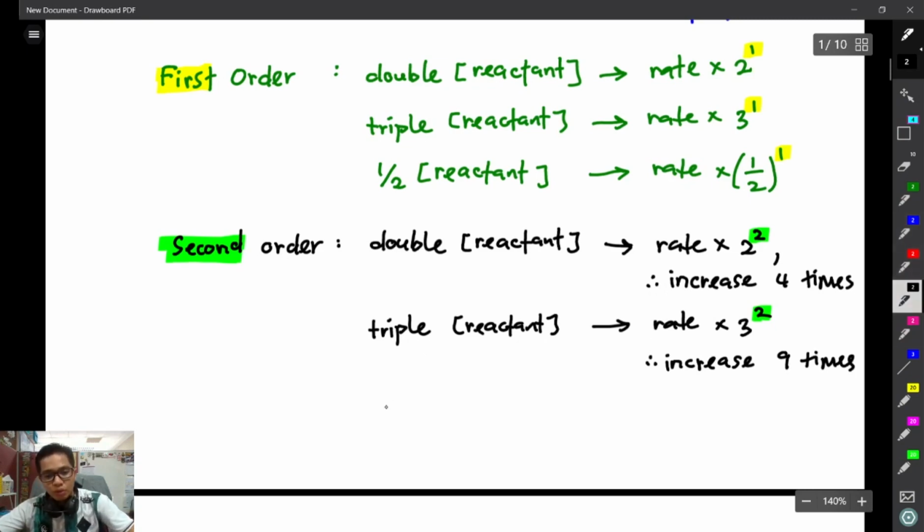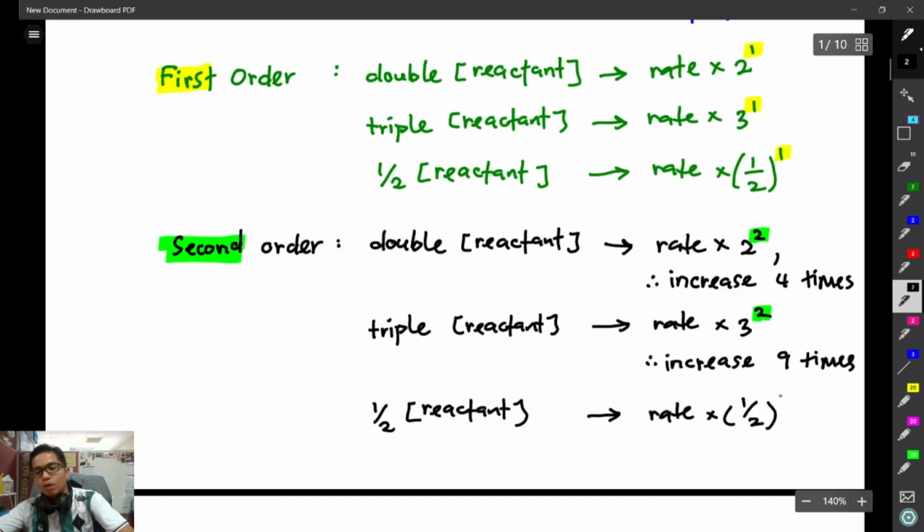What happens if we halve the concentration? If we halve the concentration of reactant, and then rate will be 1 over 2 power of 2, which means rate will reduce to one over 4.